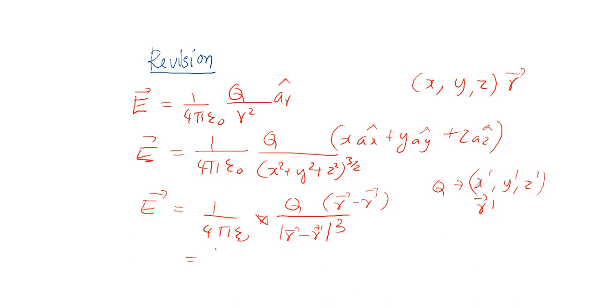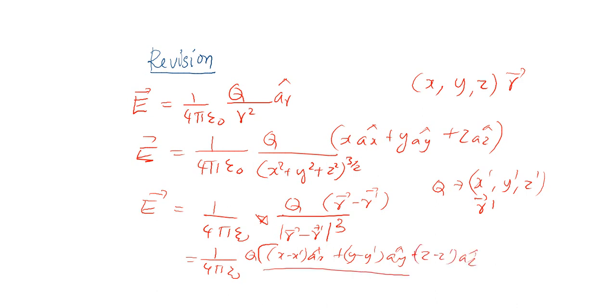Or we can generalize it as 1 by 4 pi epsilon 0 q into x minus x dash ax cap plus y minus y dash ay cap plus z minus z dash az cap, divided by x minus x dash square plus y minus y dash square plus z minus z dash square whole raised to 3 by 2.